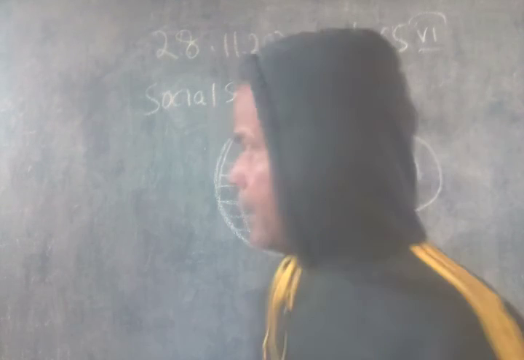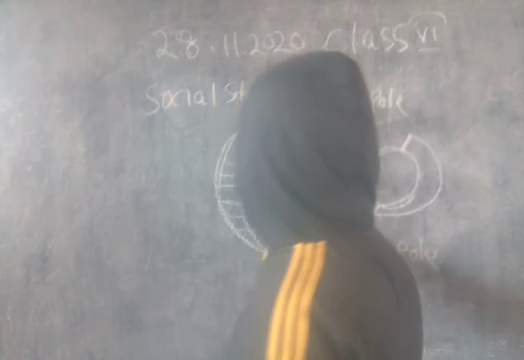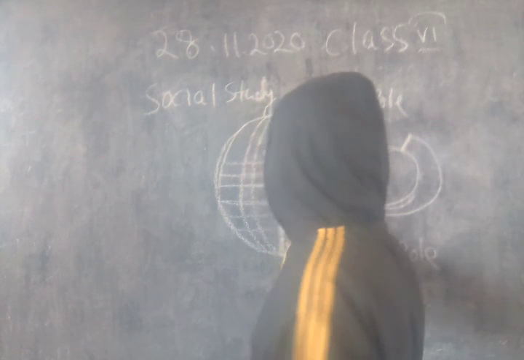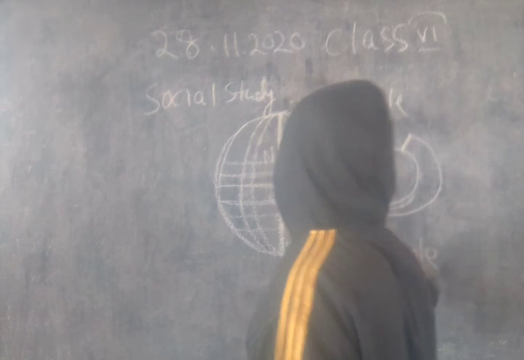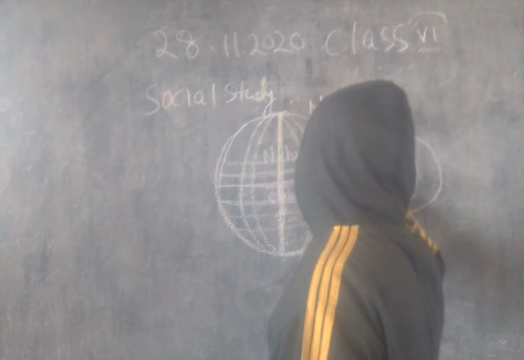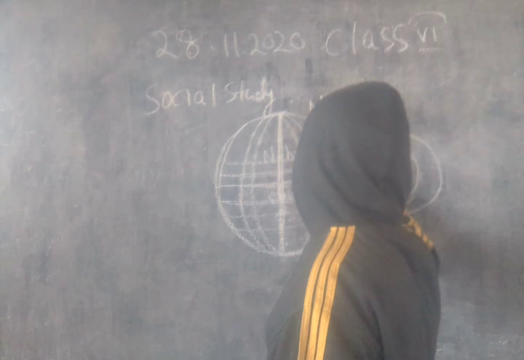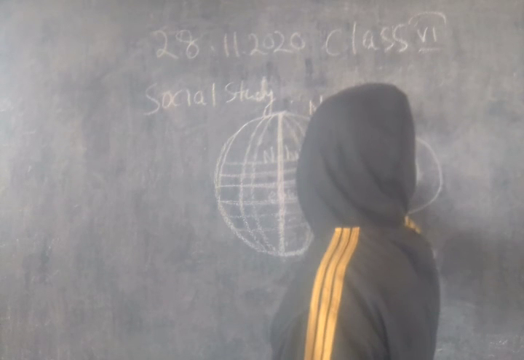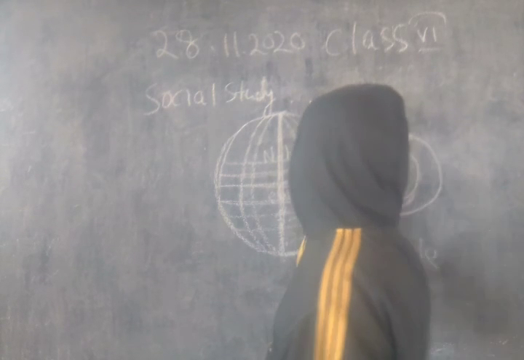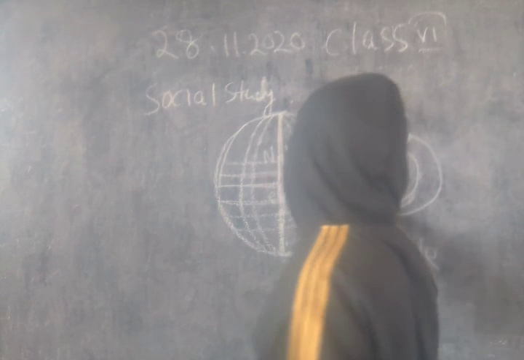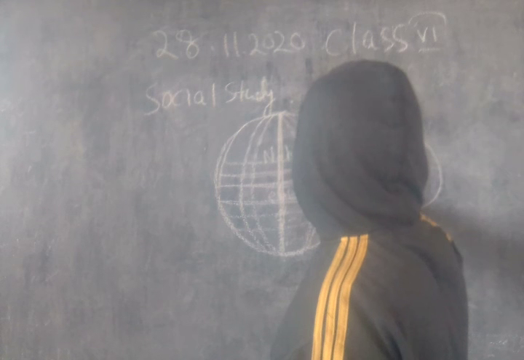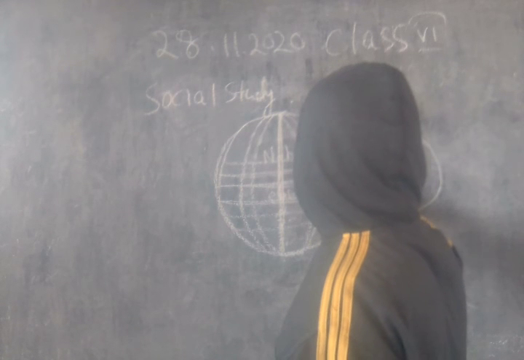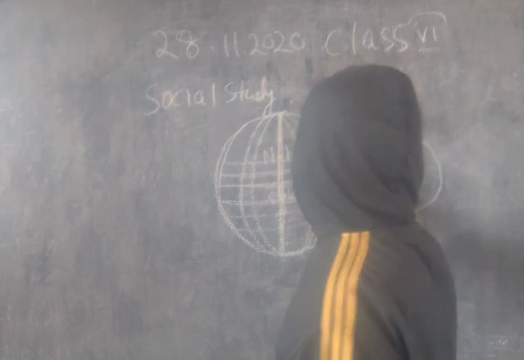Such lines have been drawn parallel to the equator according to their degrees. This means if it is 10 degree, then after 10 degree it is 20 degree, then 30 degree, then 40 degree, like this. And these degrees are also numbered 1, 2, 3, 4, 5.